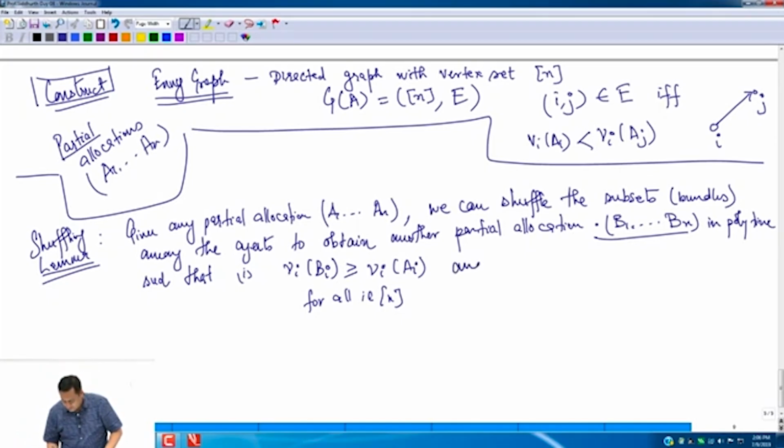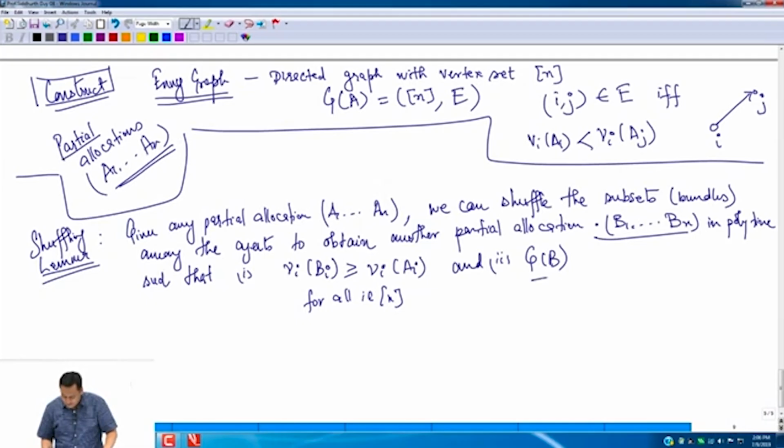What's nice here is that this new B that you get, if you look at the NV graph with respect to this new partial allocation, and note that this definition is with respect to partial allocation, so A is being overloaded. The definition is meaningful for all partial allocations.